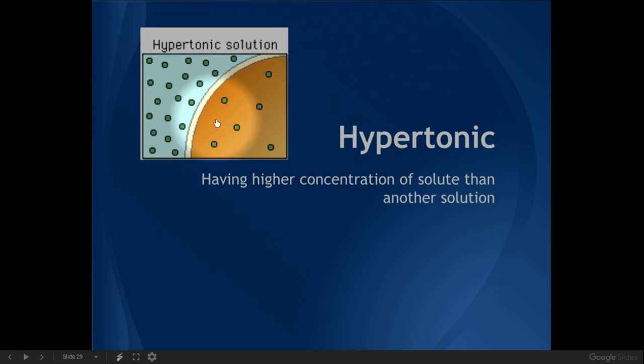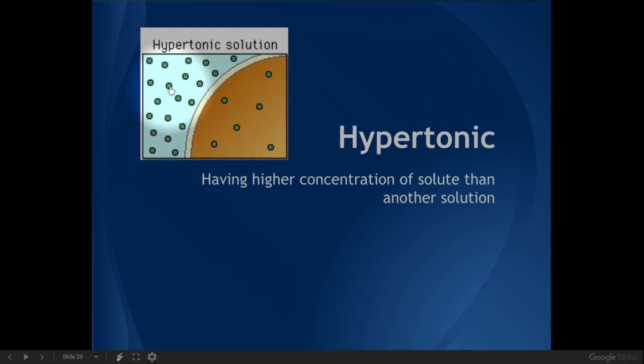We have a hypertonic solution. So here is a cell, this yellow orange thing, inside of some sort of solution, and that's the blue stuff. Well, I can see these little green things, these little green molecules. There's more of them outside the cell and less of them inside the cell. So there's more of the solutes in the solution than there are in the cell.